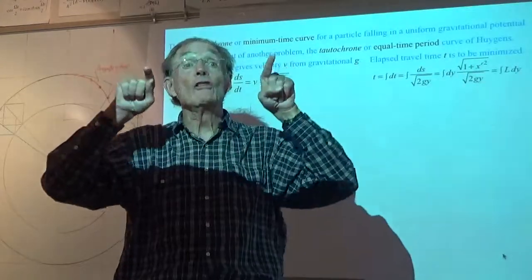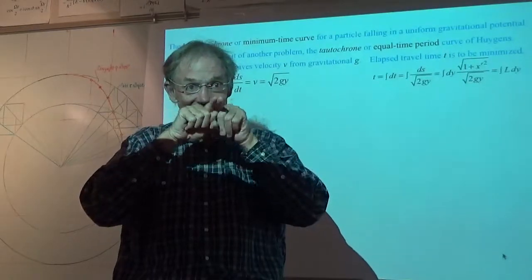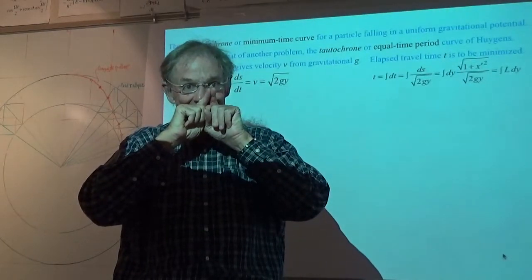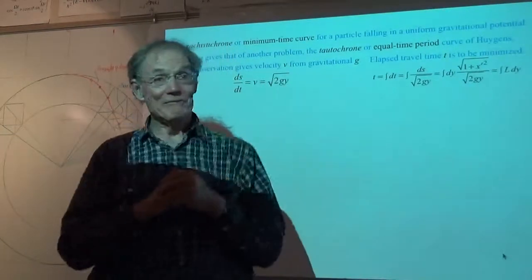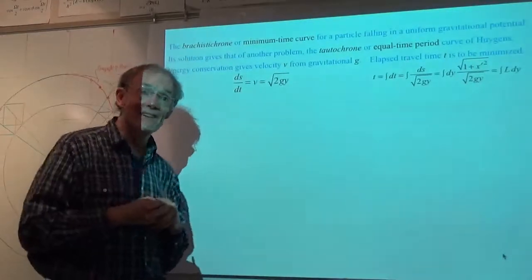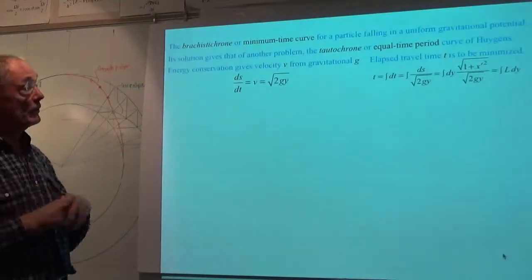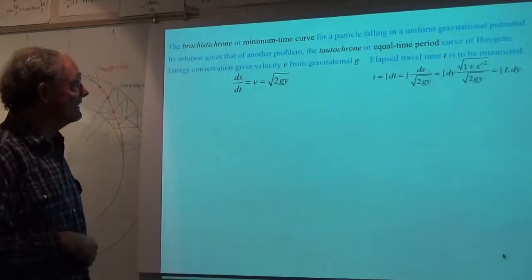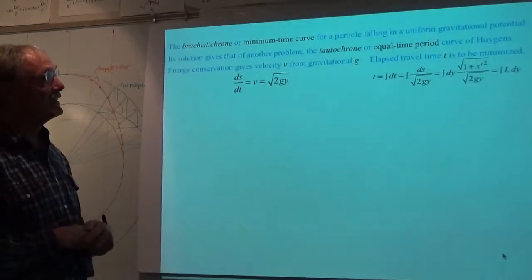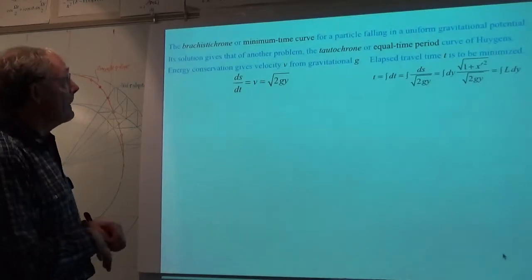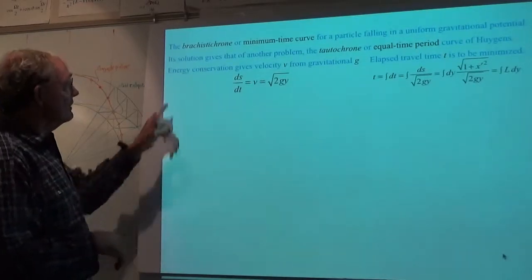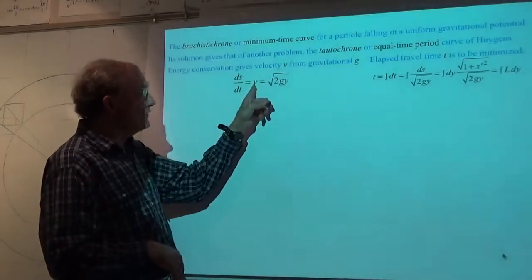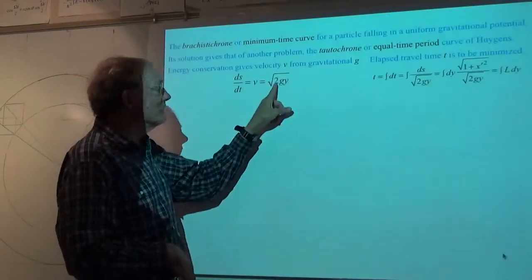Now, there's a curve between there, right? That's the hypochrone. Okay, what is that? Well, as you can see, the algebra for this one is already fairly complicated, as we're going to see. If you haven't been through this, you should look at it. But anyway, you think it's going to be easy because energy conservation immediately gives you the velocity due to the gravitational field, 2gy.